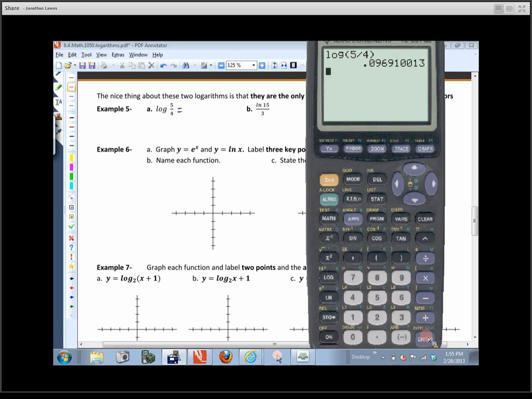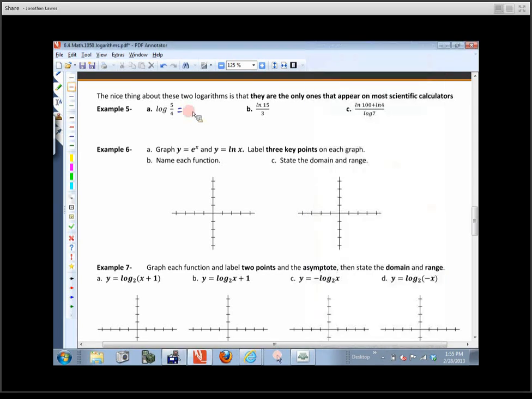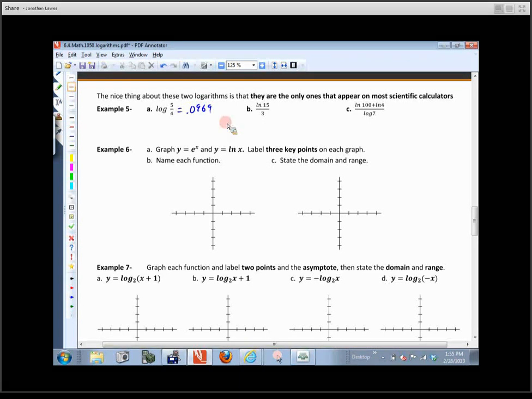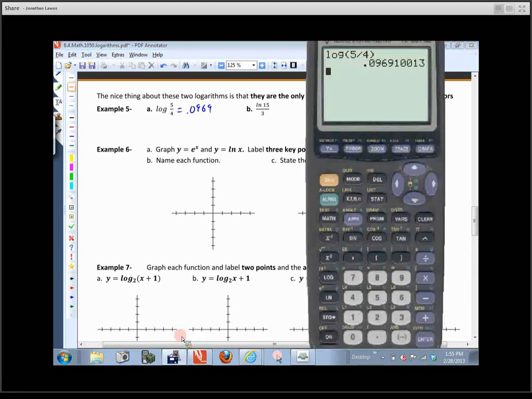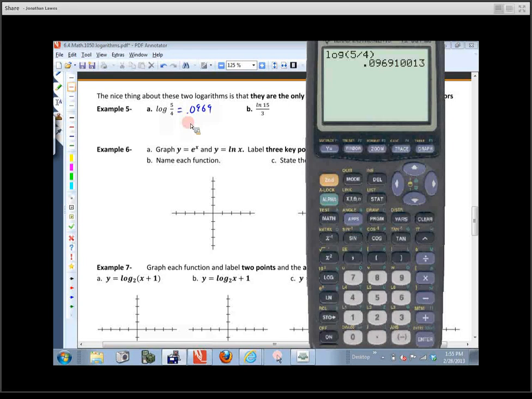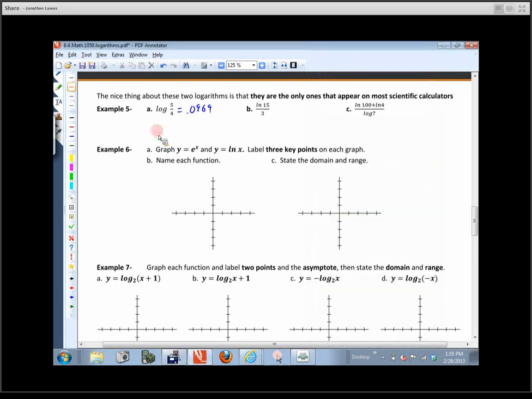And the answer is 0.0969. Now, you can actually check that answer because this is the answer to a logarithm. So what is it? It's an exponent. On what base? On base 10. So if I wrote this in exponential form, this says that 10 to the 0.0969 is 5/4.